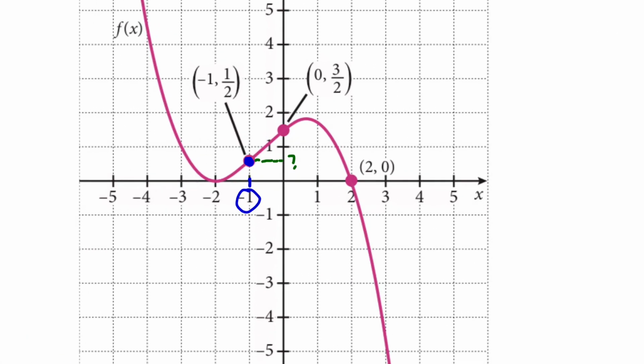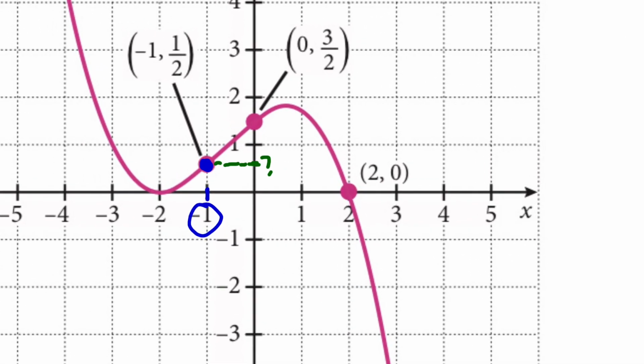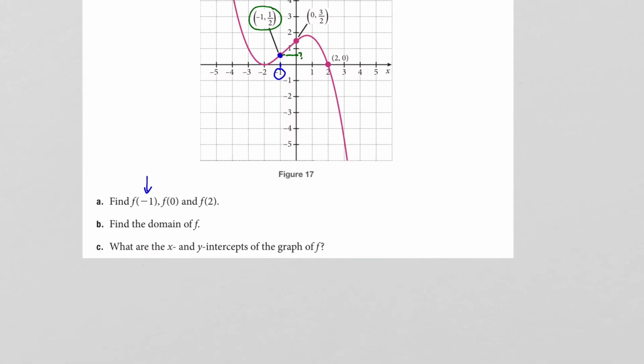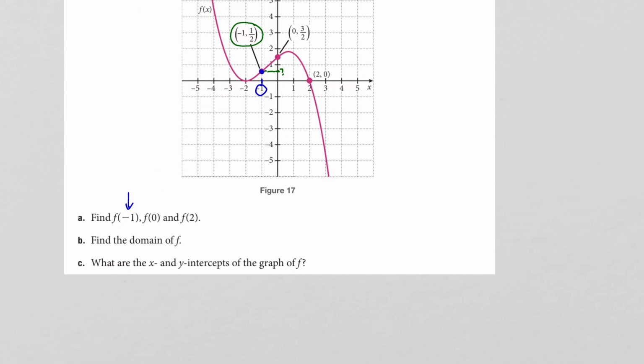It's kind of hard to tell when you look at the y-axis, but they actually gave us this point right here. They say when x is -1, y is 1/2, okay? So from that, we can answer the question: f of -1 is 1/2.